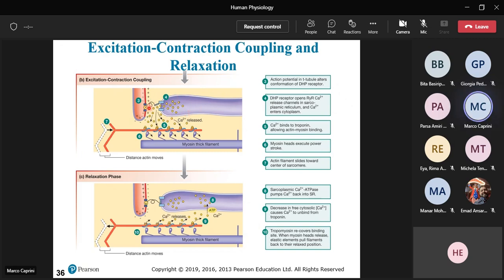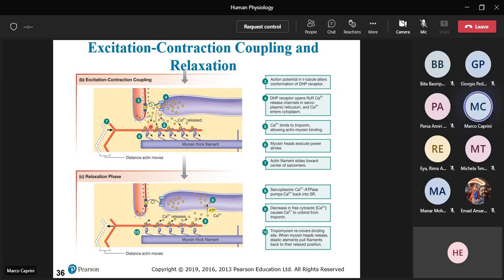So if I am able to open a gate in the sarcoplasmic reticulum, obviously the calcium ions enter into the cytoplasm because they move following the gradient.